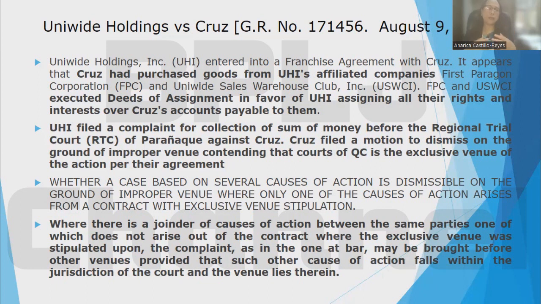However, only one of the causes of action has a venue stipulation. Where there is a joinder of causes of action between the same parties, one of which does not arise out of the contract where the exclusive venue was stipulated upon, the complaint may be brought before other venues, provided that such other cause of action falls within the jurisdiction of the court and the venue lies there.